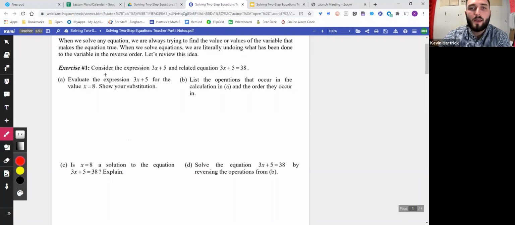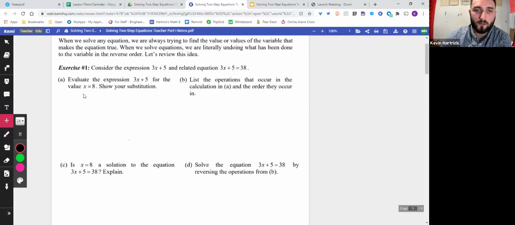Exercise one. Consider the expression 3x plus 5 and the related equation 3x plus 5 equals 38. Evaluate the expression 3x plus 5 for the value x equals 8. Show your substitution. So I'm going to rewrite it, and in my parentheses I'm putting an 8.